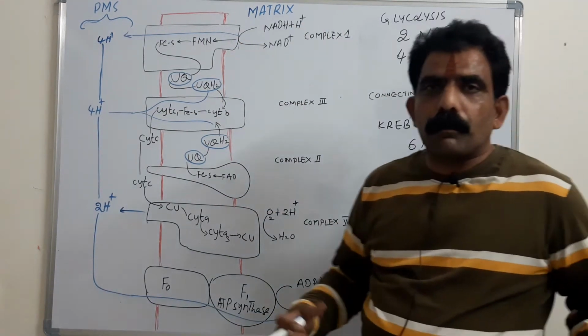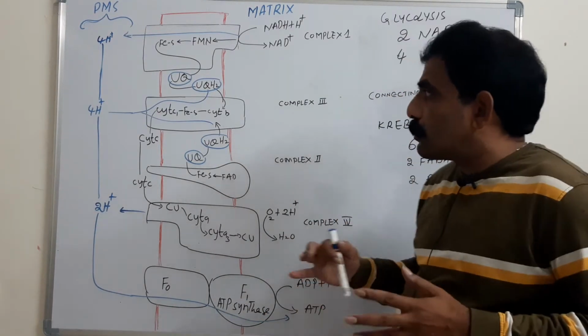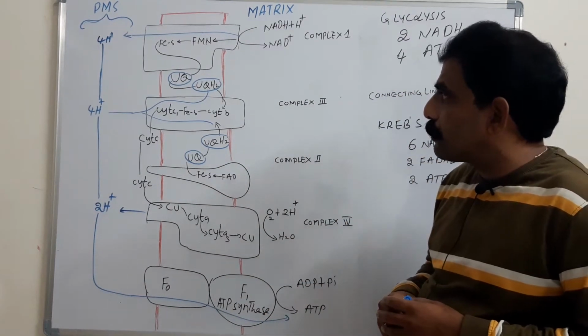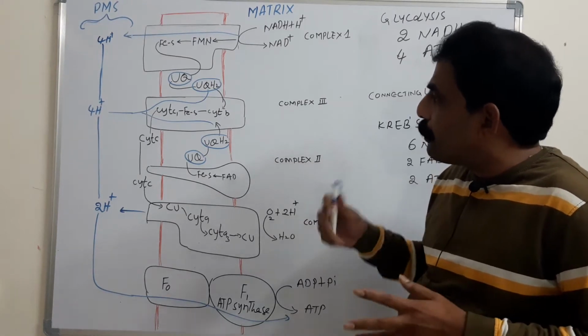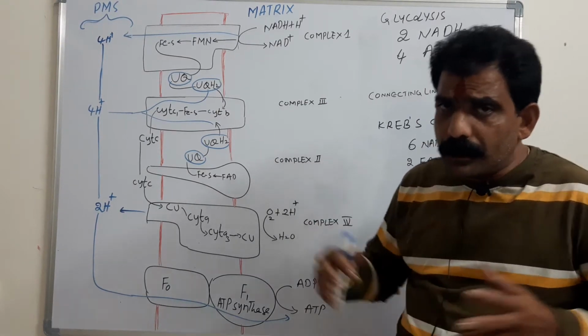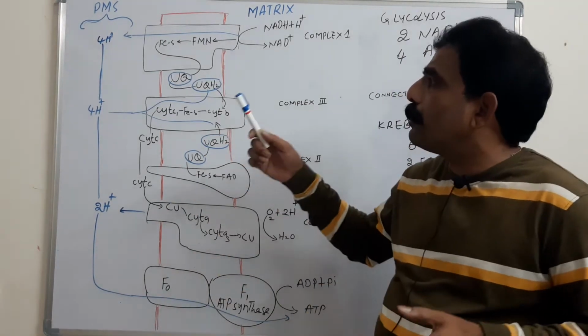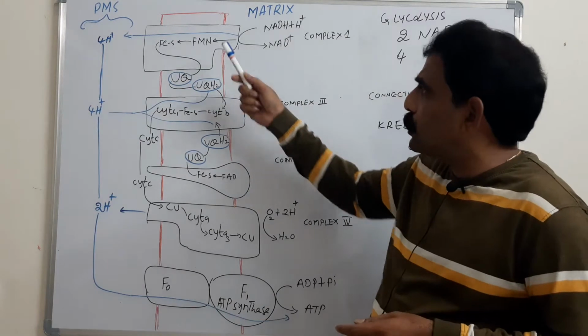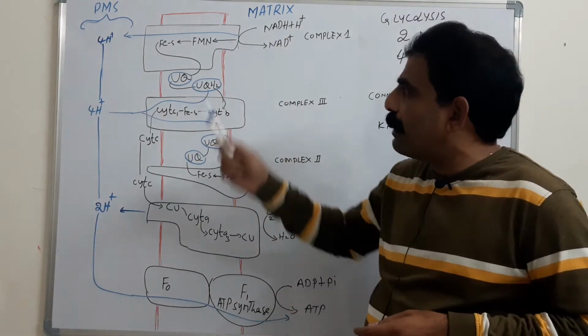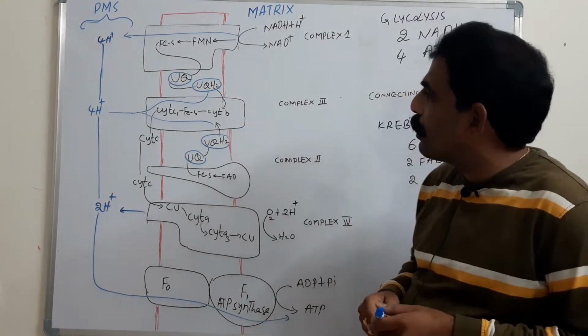Different electron carriers are present in the electron transport system. They are arranged in an orderly manner in the inner mitochondrial membrane. Coming to the components of the complexes: complex 1 consists of FMN and ferrous sulfur proteins.